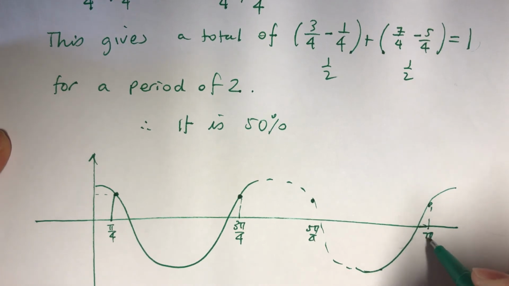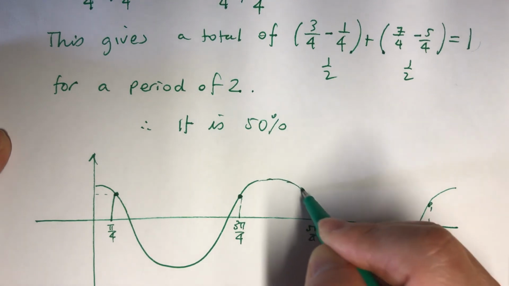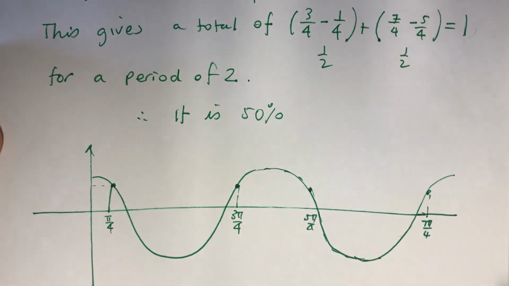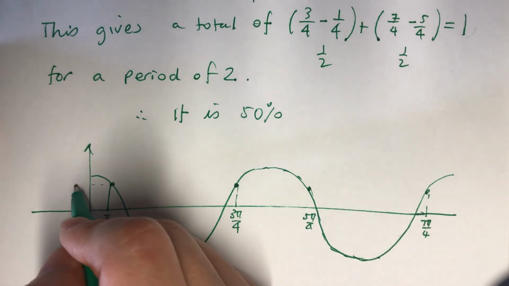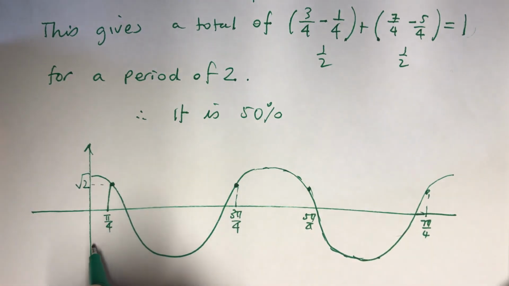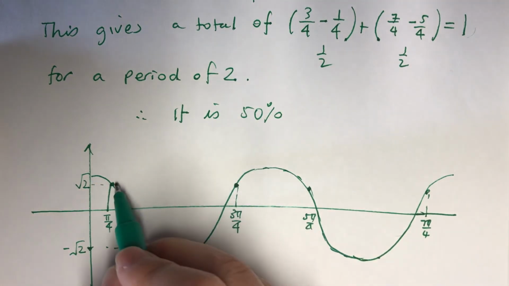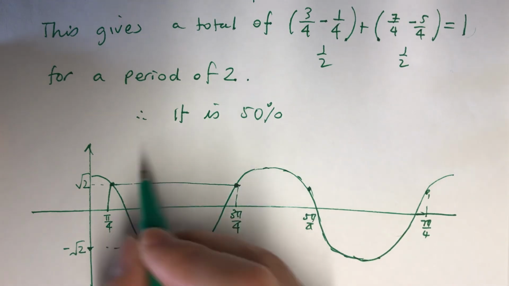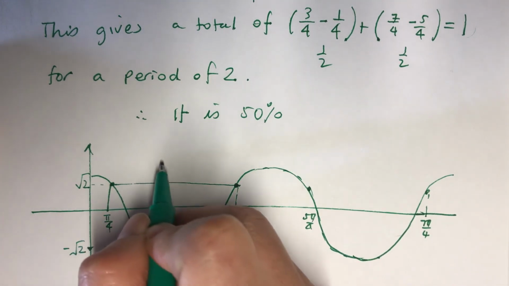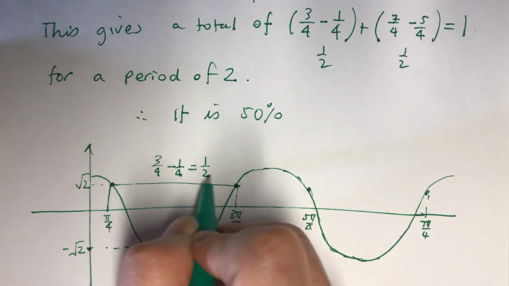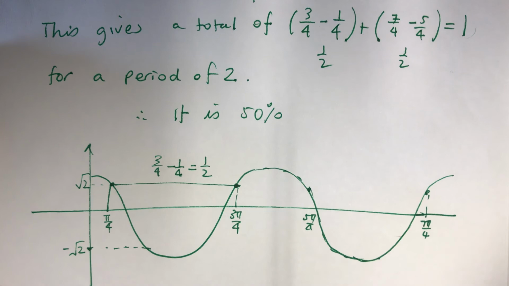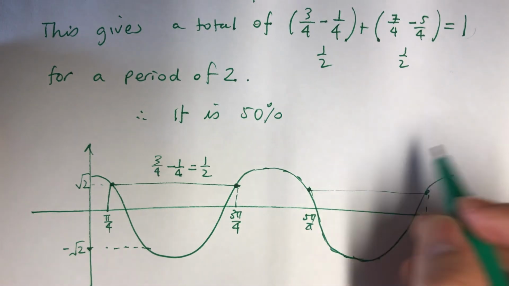There's 7 pi over 4. And here is root 2, and here minus root 2. So it's within, between. And here is 3 over 4 take away 1 over 4. It's half. Yeah? And from here to here, same thing happens.